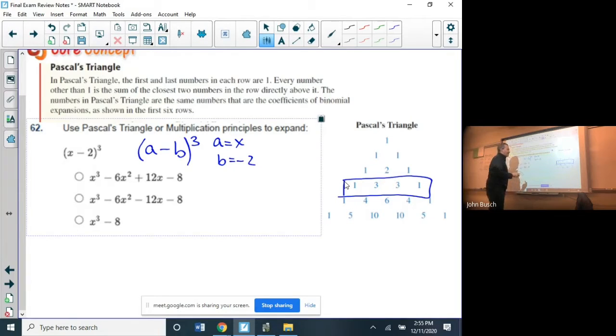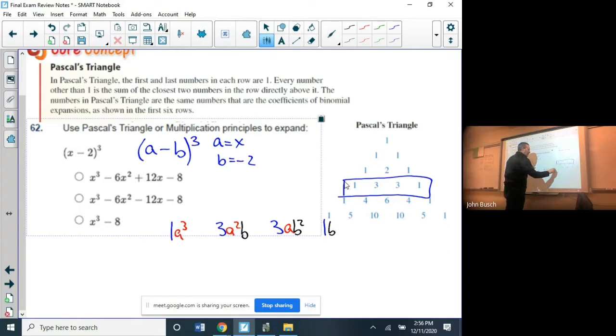Okay? But this pattern that was 1, 3, 3, 1, remember, it had a started as a power of 3, and then a power of 2, then just 1a. And b started with no b's, just 1b, power of 2, then a power of 3.